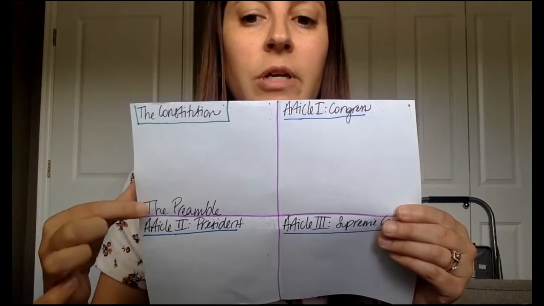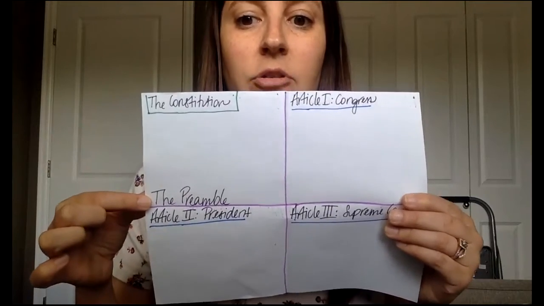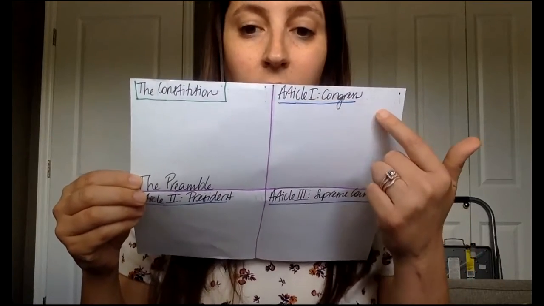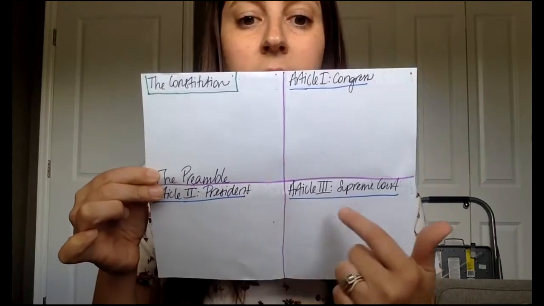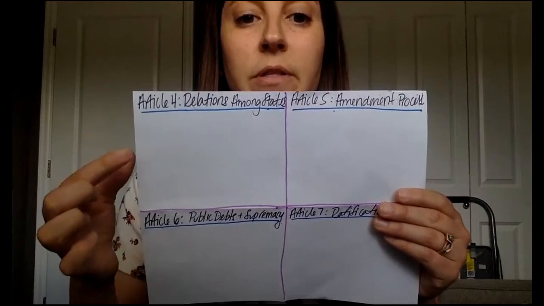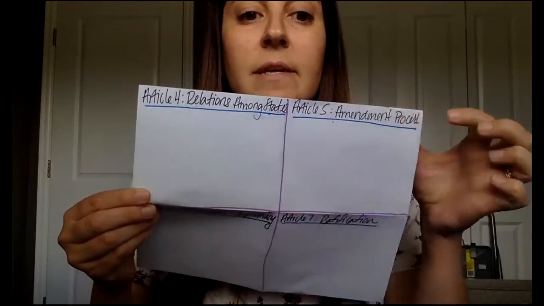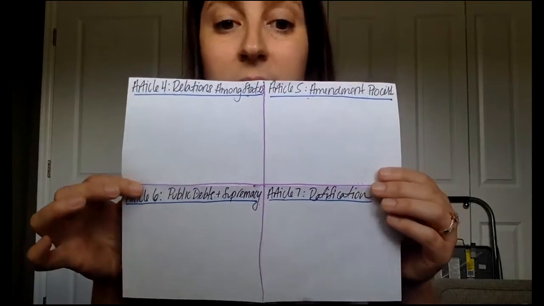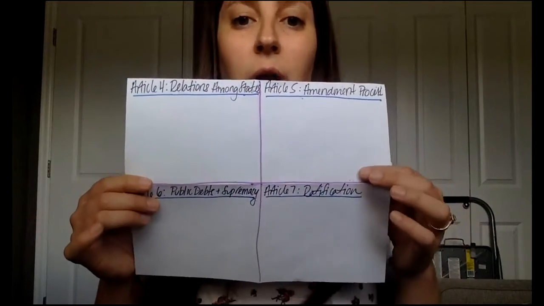You'll label each of the titles I have listed in the directions: the preamble, Article 1, Congress, Article 2, President, Article 3, Supreme Court. On the back, Article 4, relationships among the states; Article 5, the amendment process; Article 6, supremacy; and Article 7, ratification.